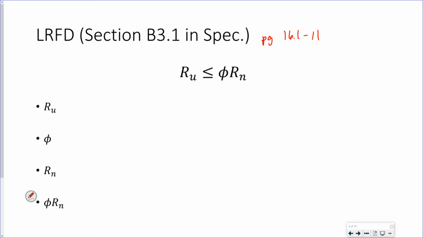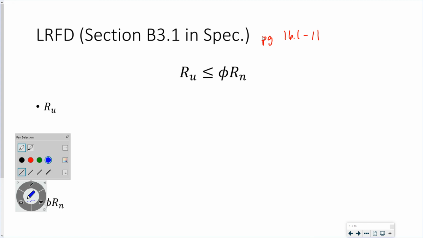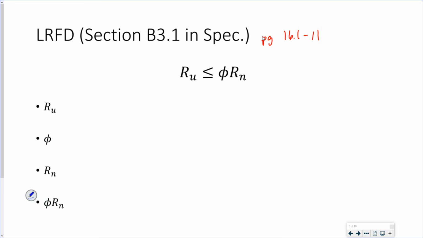So using the LRFD method, we calculate an Ru, which means your required strength. R is just standing in right now for a tensile strength, a moment strength, compressive, axial load.